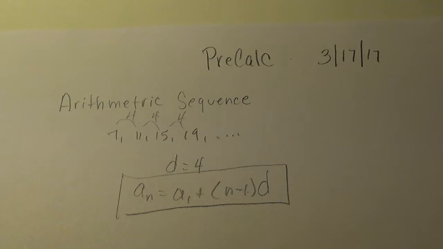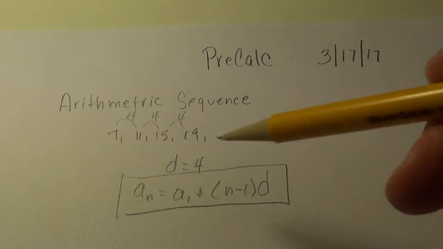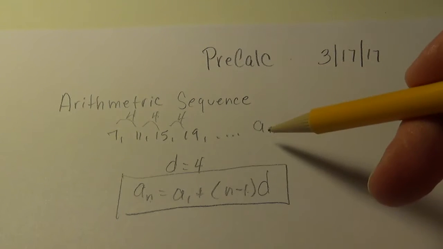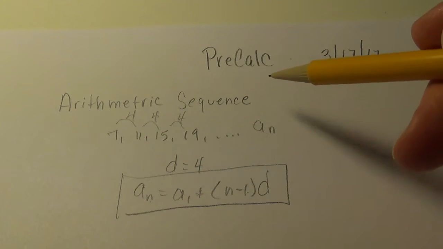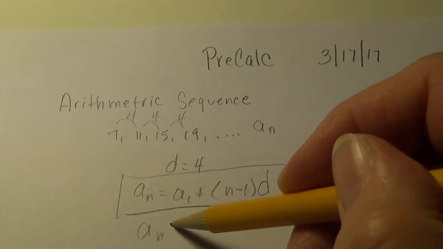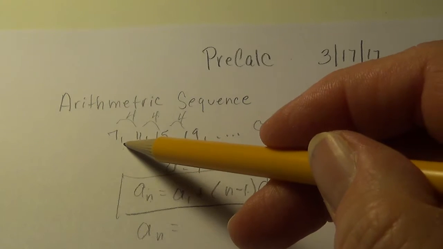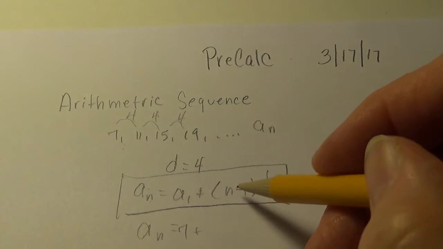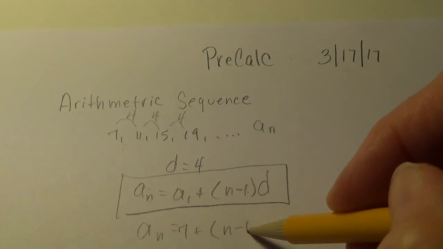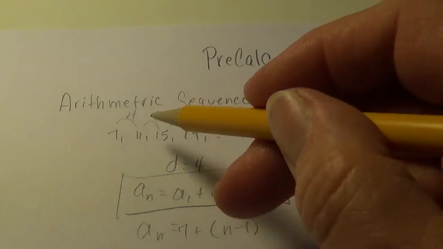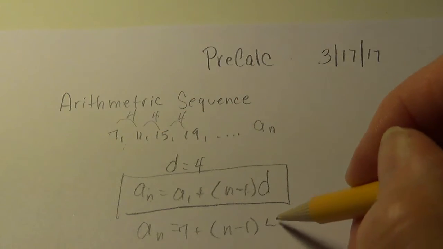So let's say that I am going to take this and come up with a sub n. So a sub n is the generator, and so I want a sub n. A sub 1 is the first term, so I can see here that it's a 7, plus n minus 1. n is going to be in our answer, so I'll leave n minus 1 times the common difference 4.